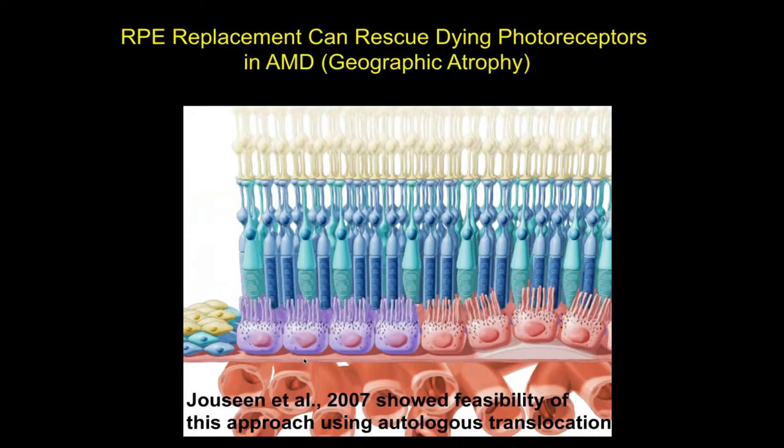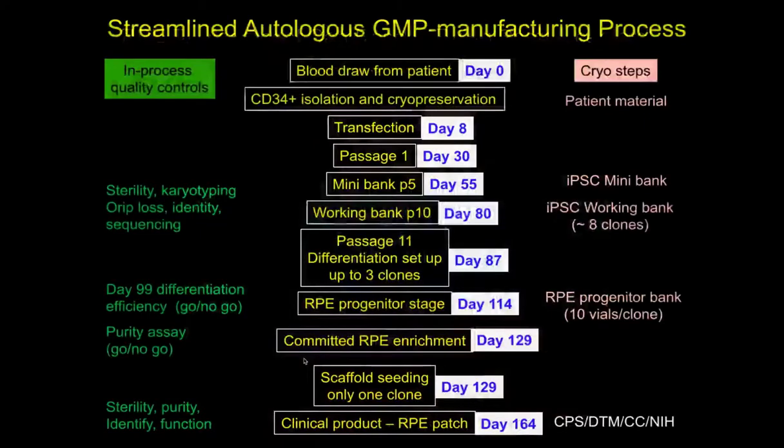Rather than cutting it out from the periphery of the same eye, we want to make it from iPS cells derived from the same patient's blood. The next slide shows you how we converted our research-grade manufacturing process into a GMP-grade manufacturing process, starting with a draw of blood on day 0, isolating CD34 positive cells, reprogramming them into iPS cells.